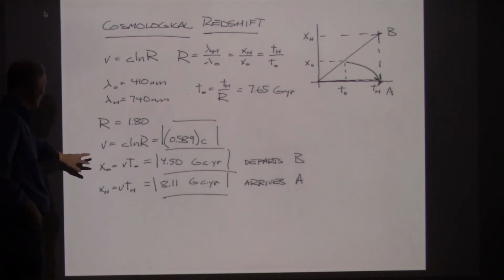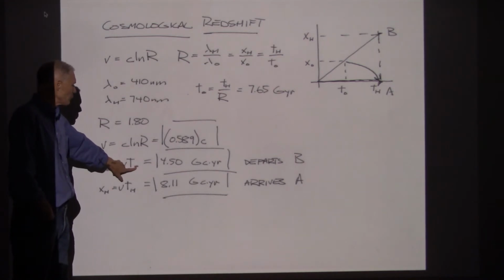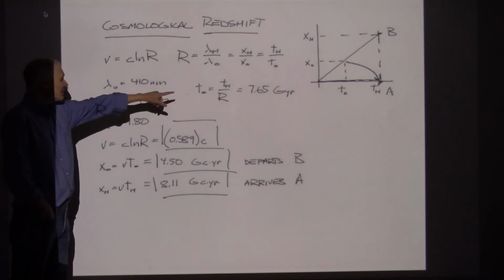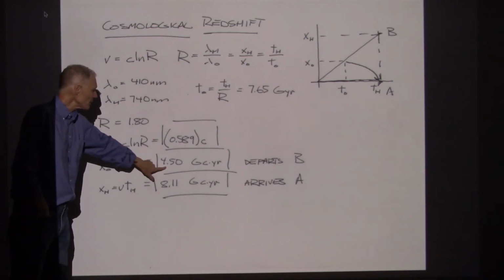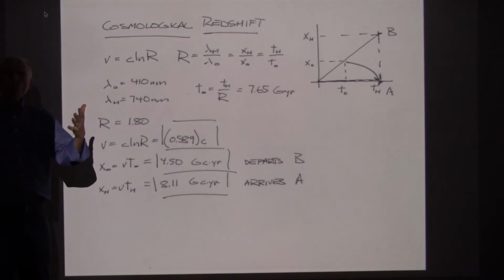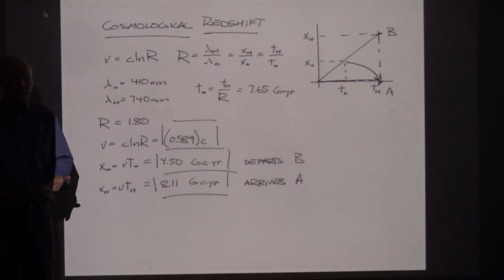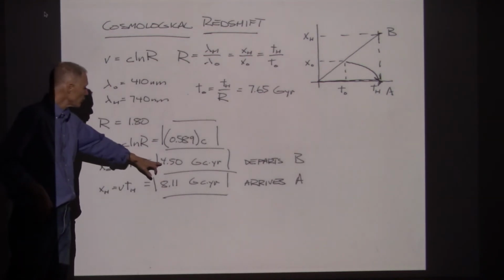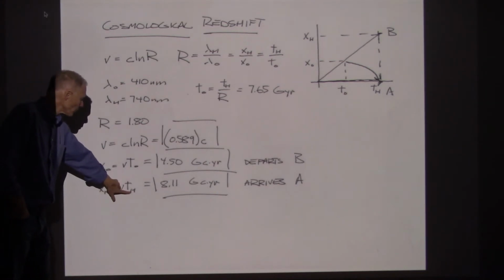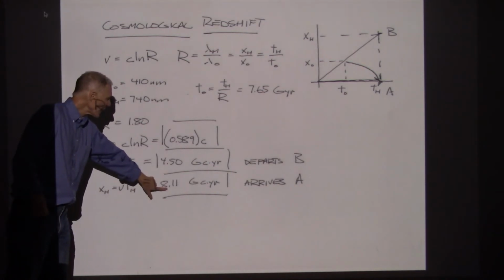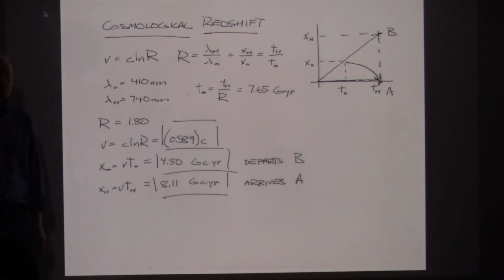Now, how far were the galaxies separated at the time when the light left? We can take the t naught numbers and plug those in, and it says at the time the light left, there was a 4.5 billion light year separation between the galaxies, but now that more time has passed, the galaxies are separated by a greater distance.